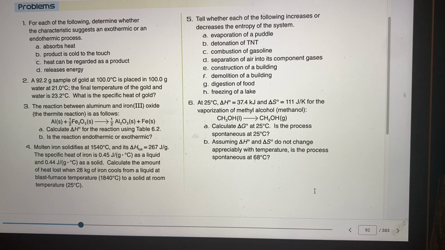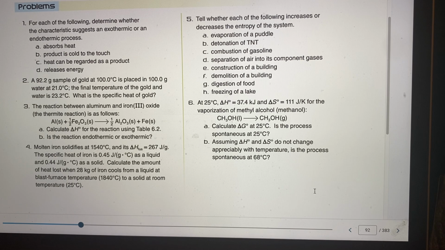So question 5 says, tell whether each of the following increases or decreases in entropy, which is disorder of the system. So let's go through these. Evaporation from a puddle is going to go from order to disorder. Evaporation is always going to increase in entropy. So this would be an increase in entropy.